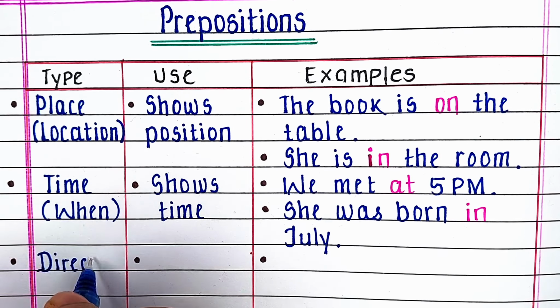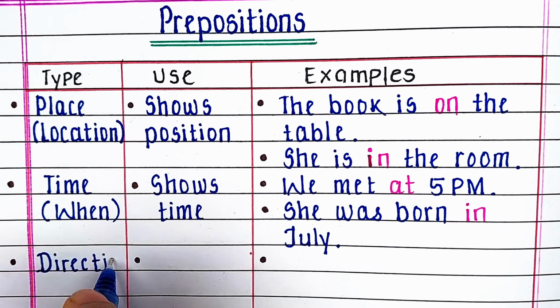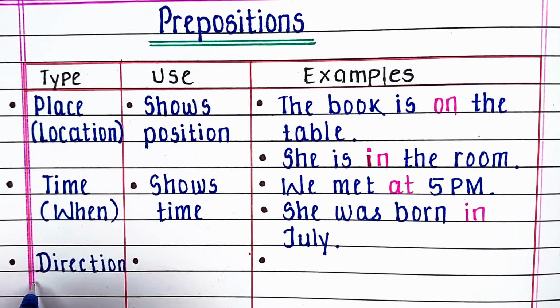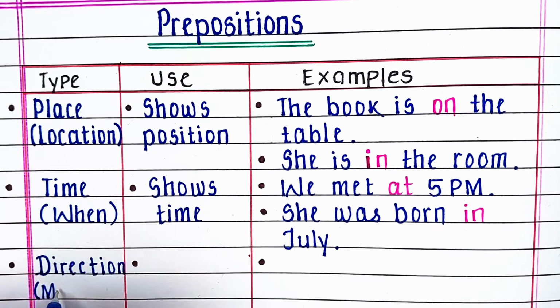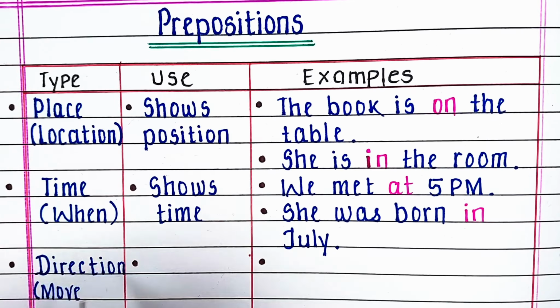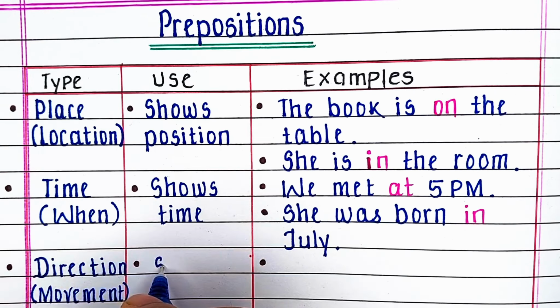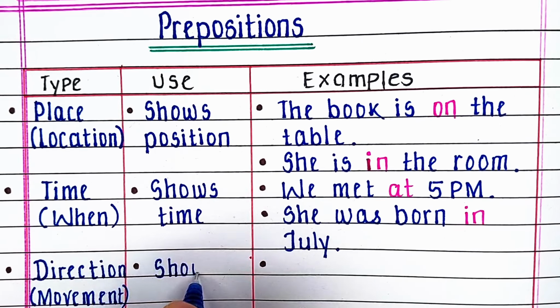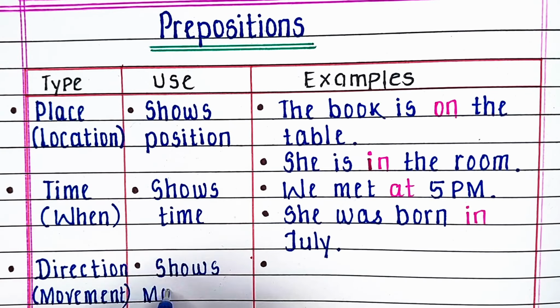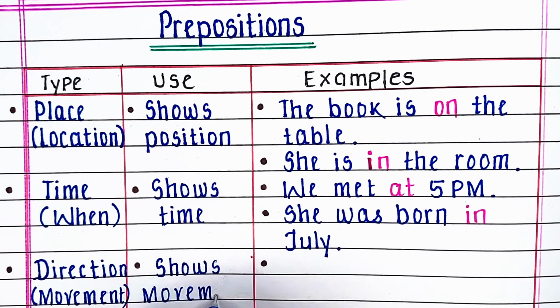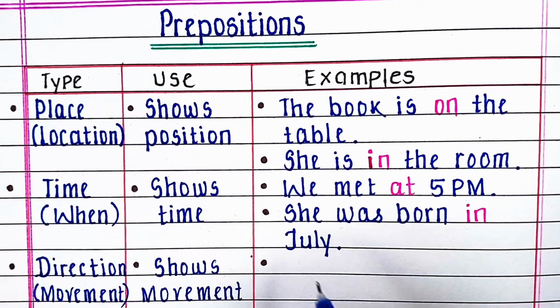Next type of preposition is direction. These type of prepositions show the movement.